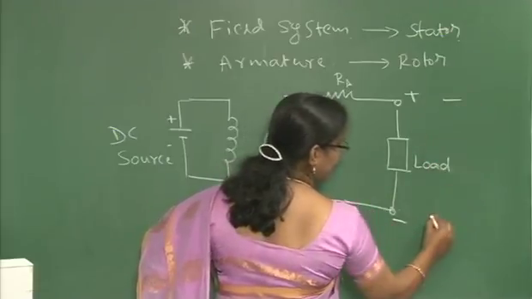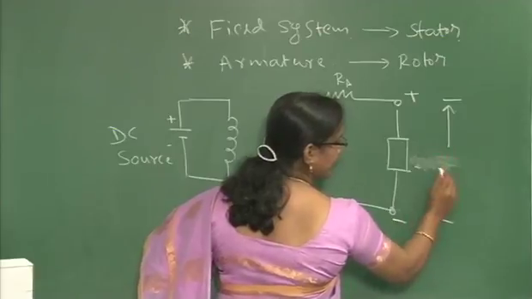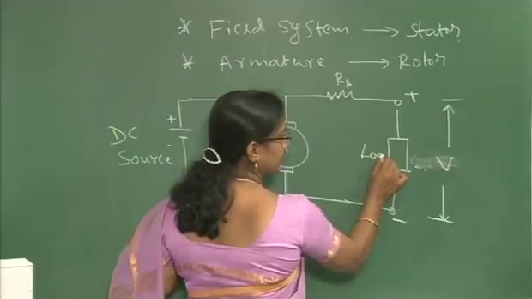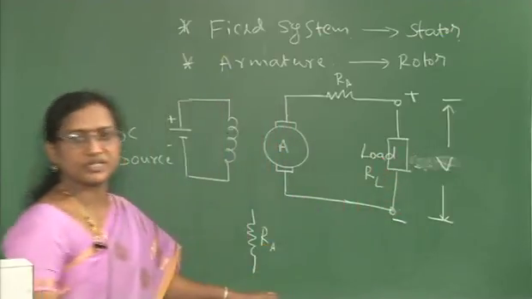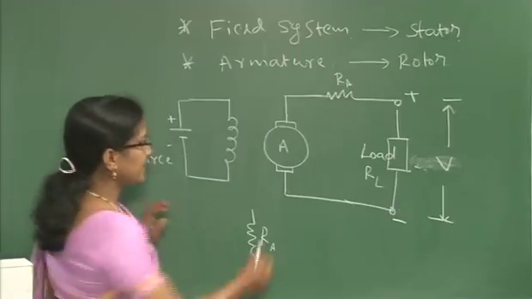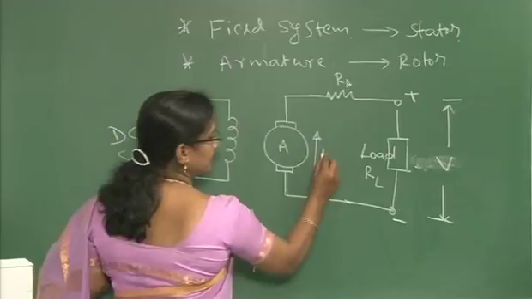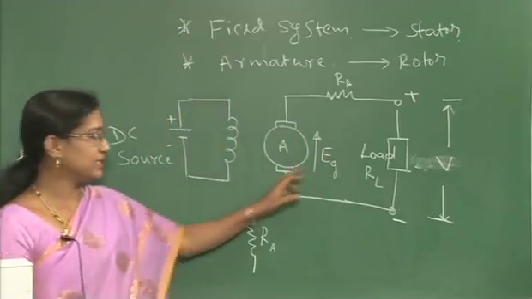The voltage across these two terminals we are going to consider as the terminal voltage V. This is the load, which will have some resistance, so we represent it as RL. The EMF induced in this conductor we are going to consider as EG.